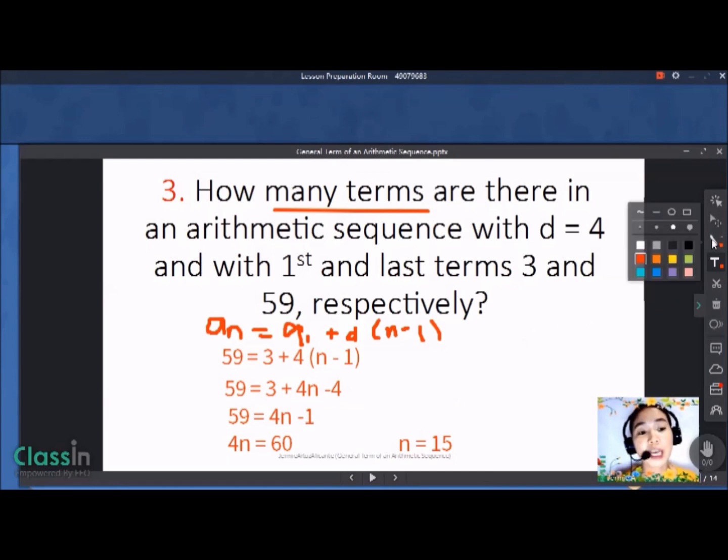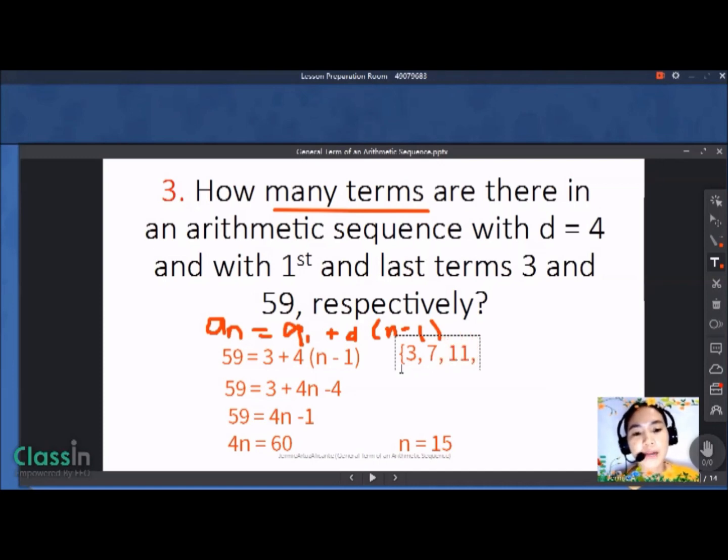So how can we check? We can actually begin with, okay, let's write the sequence. Let's start with the first term, which is 3. The common difference is 4. So we will just add 4, 7, 11, 15, 19, 23, 27, right?